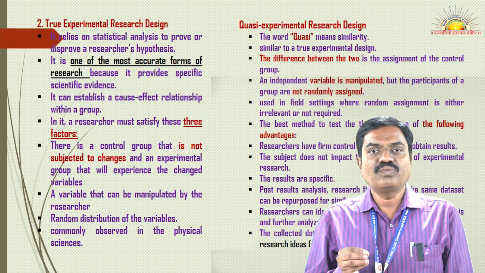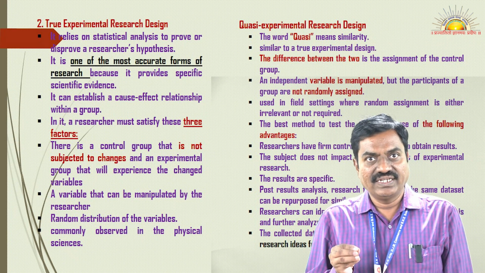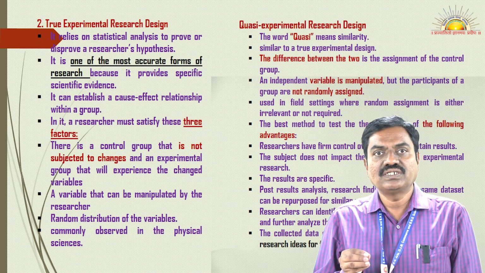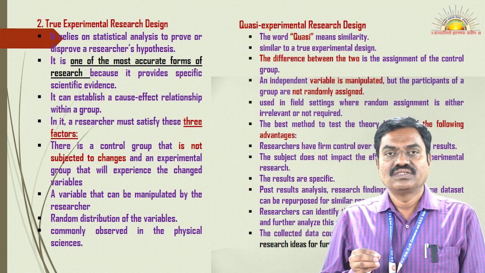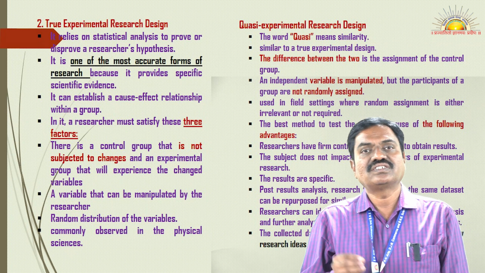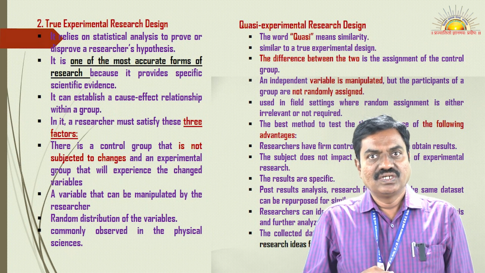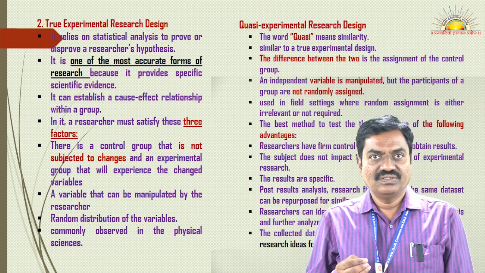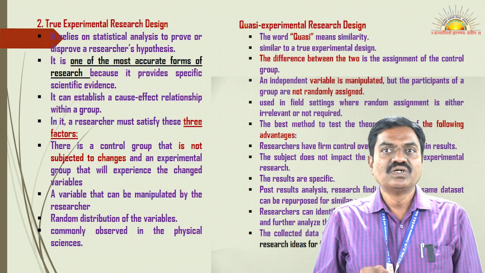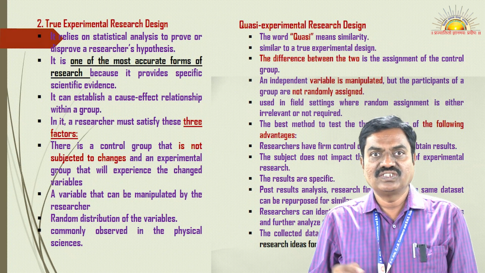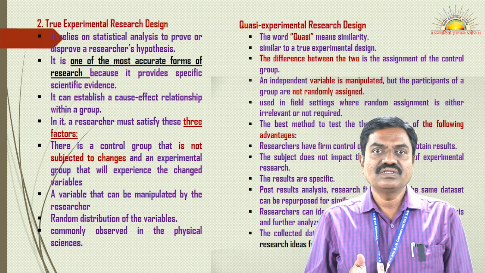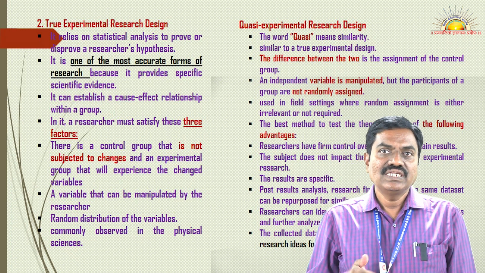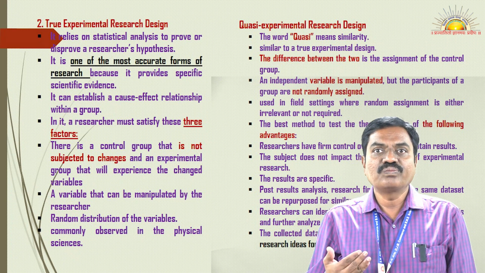The third type of experimental research design is quasi-experimental research design. The word quasi itself means similarity. A quasi-experimental design is similar to a true experimental design. However, the difference between the two is the assignment of the control group.